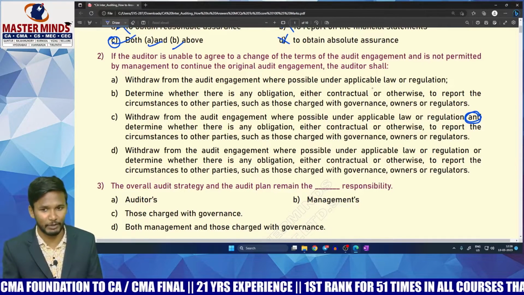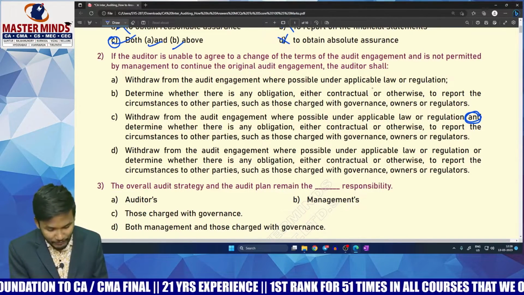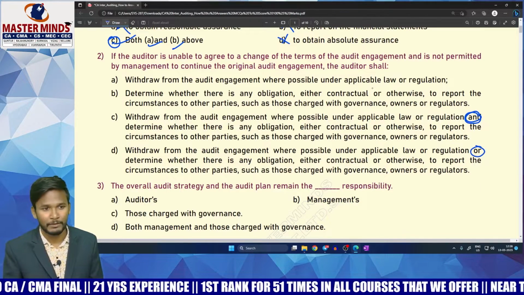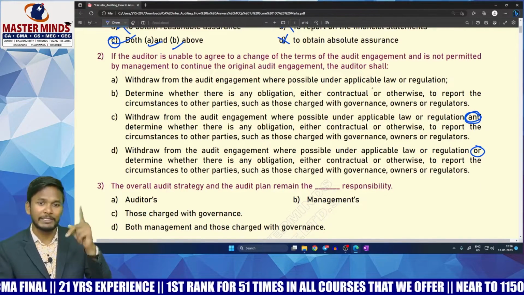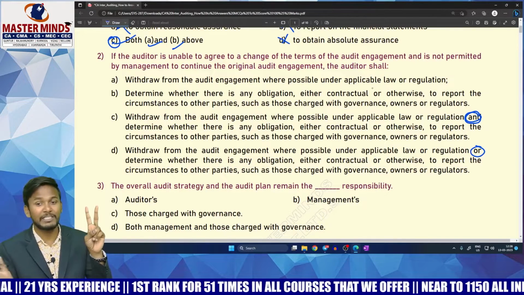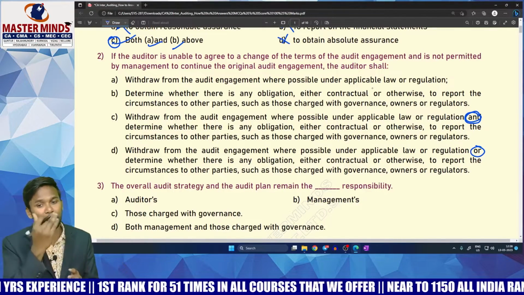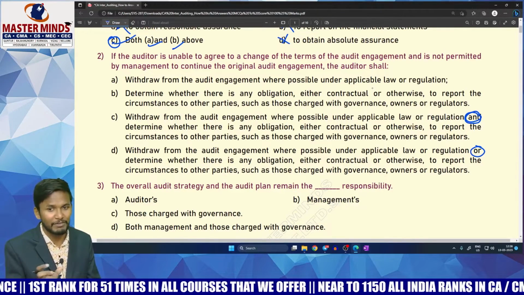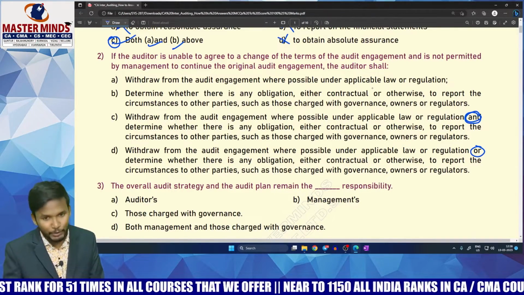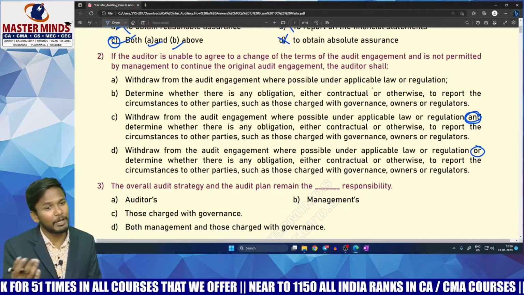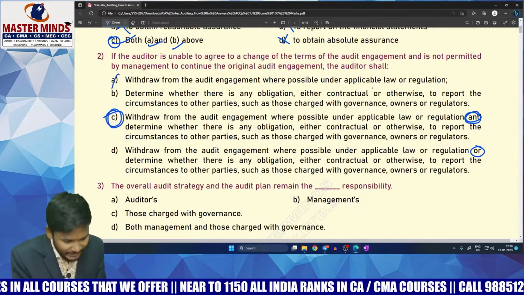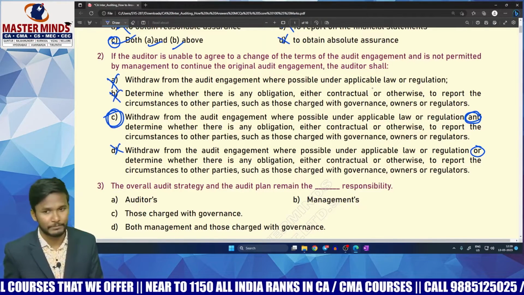Now see the D option, withdraw from the audit engagement where possible under applicable law or regulation, or... If you observe carefully, A is a statement, B is a statement, C is the joining of A and B with the conjunction and. D is the same again, but with the word or. So you tell me, withdrawal or informing or both? Both should be there, right? So what is the option here? Option number C is the correct answer. A, B, D are completely wrong.